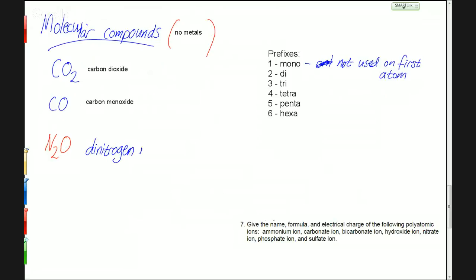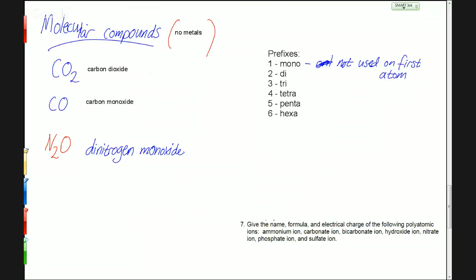Dinitrogen monoxide. 2 nitrogens, 1 oxygen, dinitrogen monoxide. Once you get used to it, this is actually the easiest one because you don't have to look at the charges. You don't have to think about, is it fixed charge or variable charge, or is it this type or that type? You just say, oh, okay, 2 N's, dinitrogen. 1 O, monoxide. Pretty straightforward.